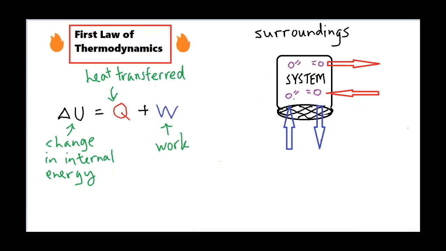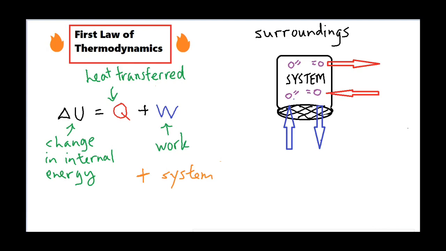Now, depending on where you're getting your information from, the biggest cause of confusion is actually whether this is a plus or minus sign between the Q and the W. So if you search the internet, check out different YouTube videos, there's a lot of confusion around this. Now, if you're using a plus sign and summing up the heat and work, that means you're taking the perspective of the system.